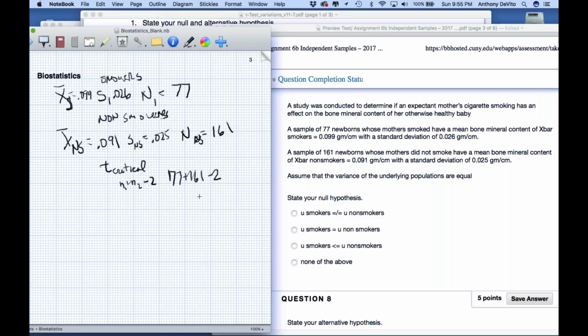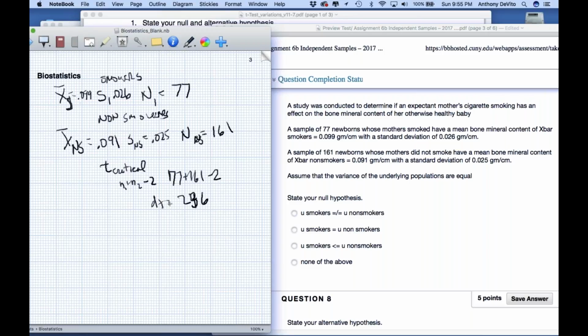Let's see, 8, 6, carry the 1, 13, 4, carry the 1. It's going to be 246, I think. Am I right? 77 would be 8, and 7 would be, nope, I'm wrong. It's 236. Let's see. Yeah, 236. So the degrees of freedom is equal to 236.